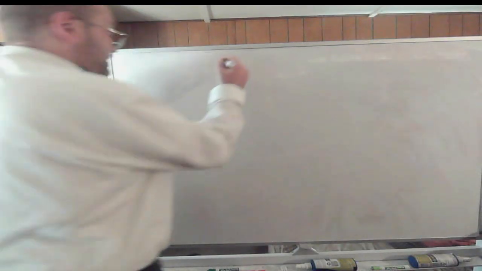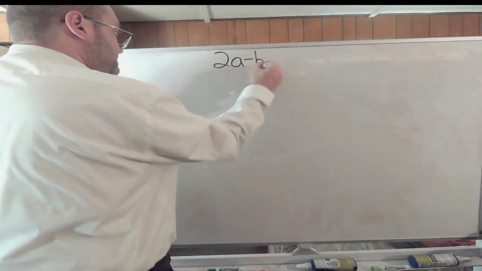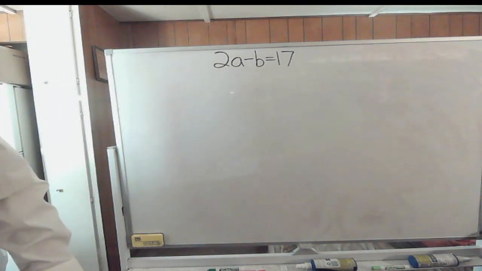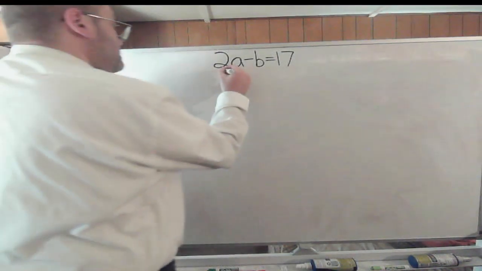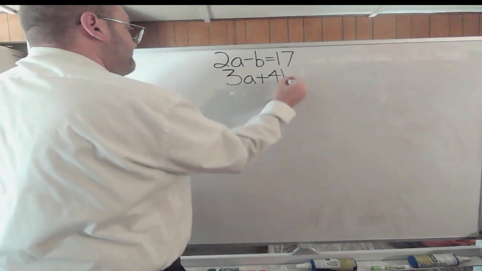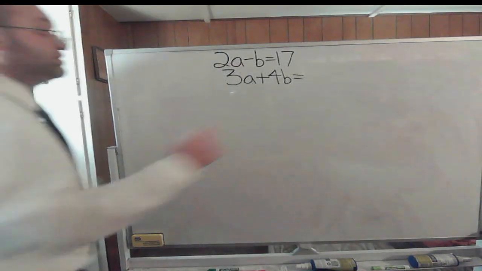Alright, let's see. We have 2a minus b equals 17. Then we have 3a plus 4b equals negative 13.